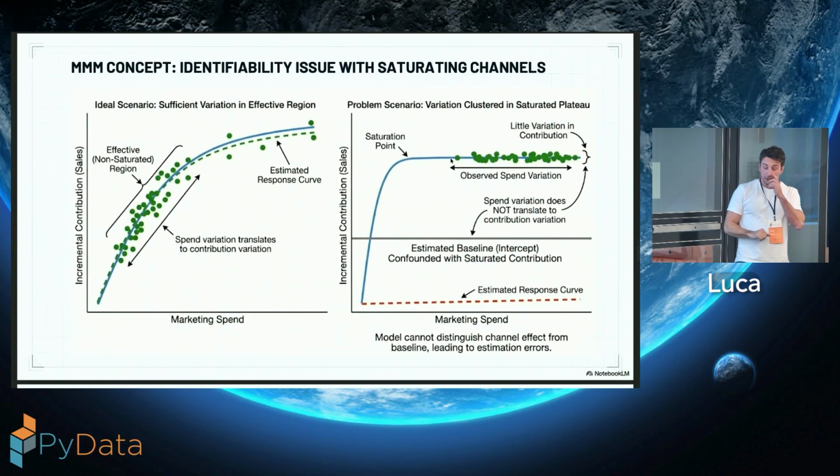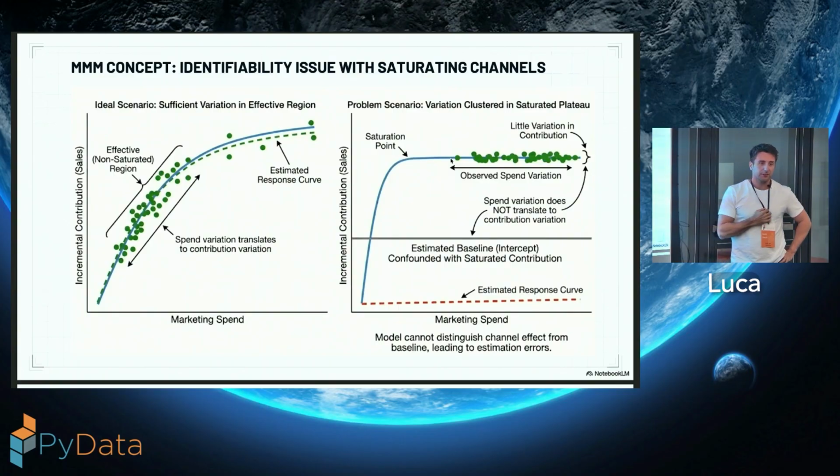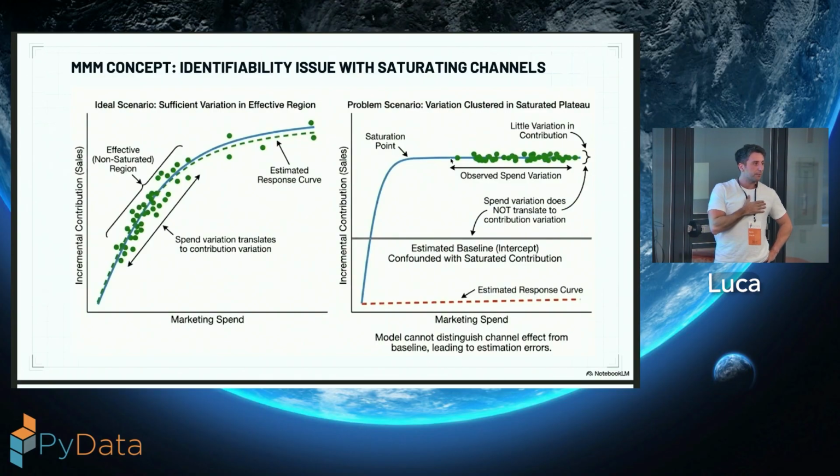Another thing that we noticed is that the channels where you get most of the errors, and that creates a lot of convergence problems also in the solvers, and makes Meridian explode in this enterprise dataset and not come to an actual solution, are situations where you have channels that are very close to saturation.